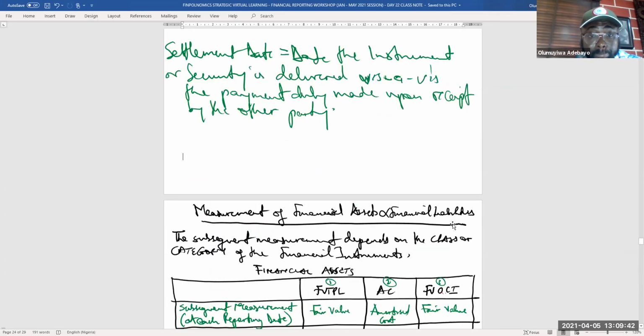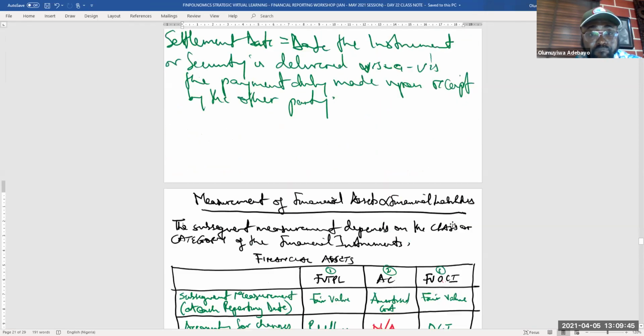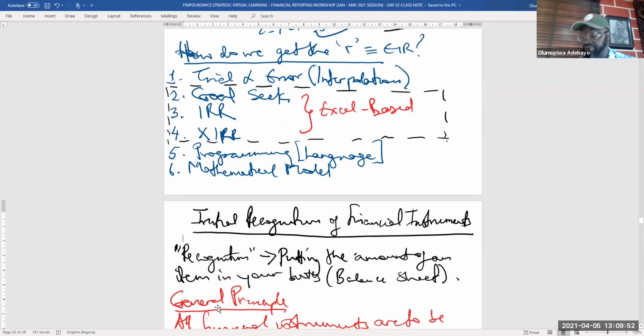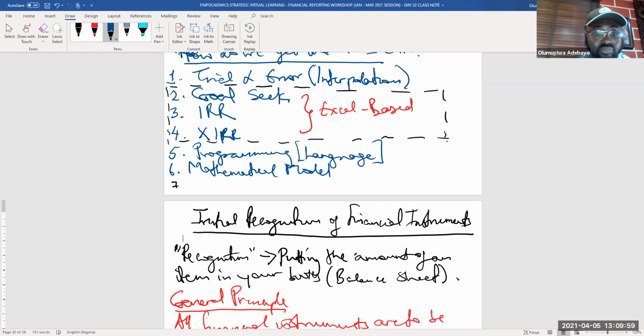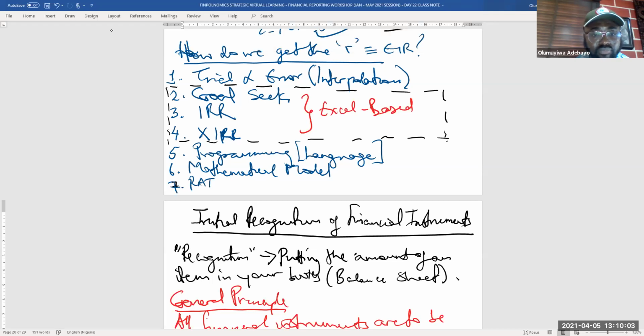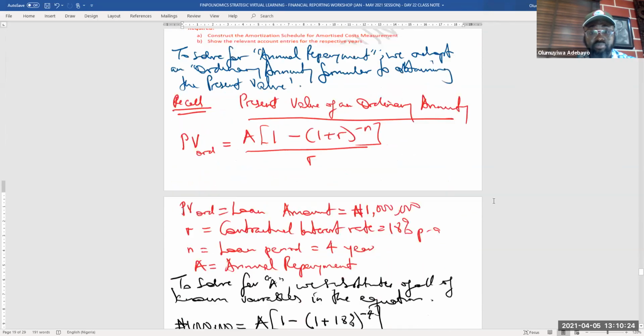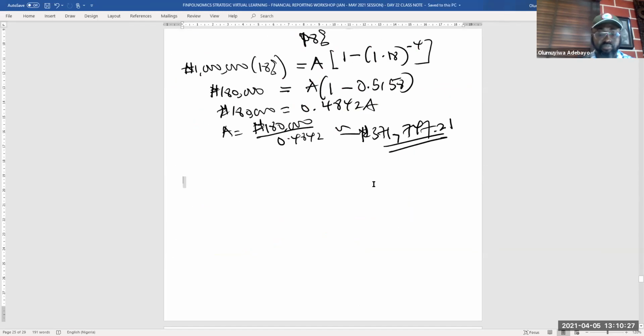Yes, we can also use the rate function, which is Excel based. You can use it to get your EIR also.